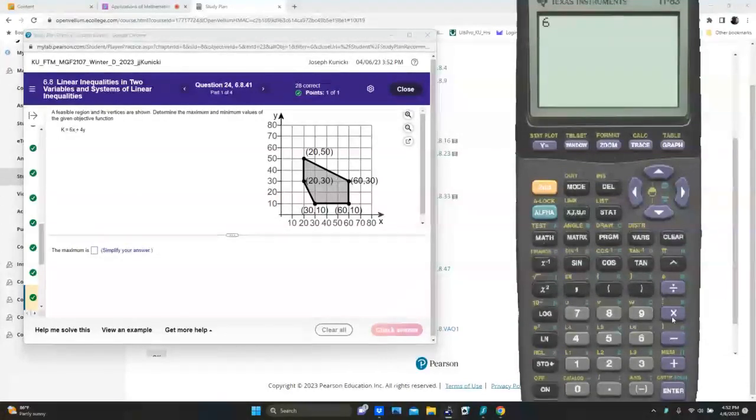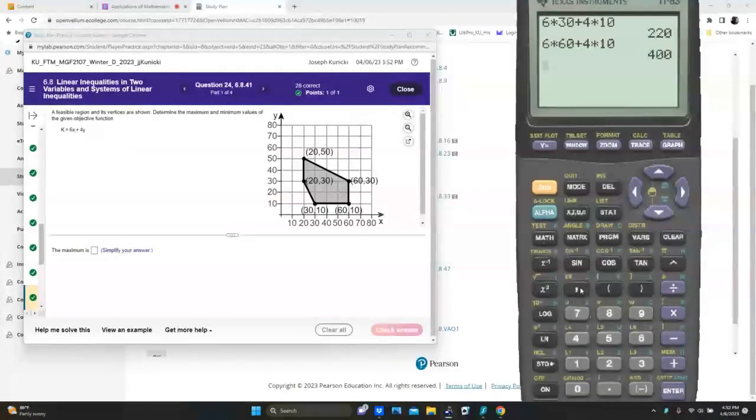So the first value is 6 times 30 plus 4 times 10. 220. Hit second, enter, change the 30 to a 60, and the 10's okay because it's on a horizontal line, so y stays the same.